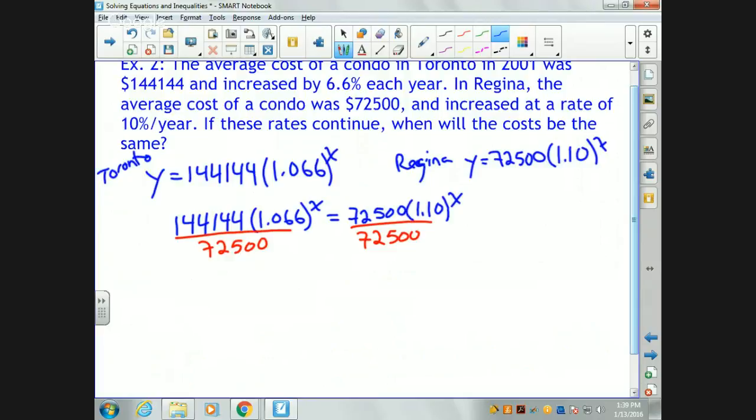That will get rid of the 72,500 on the right. It still leaves us with the x on the left. How do we get rid of this term with the x in it, or this part of the x over here?